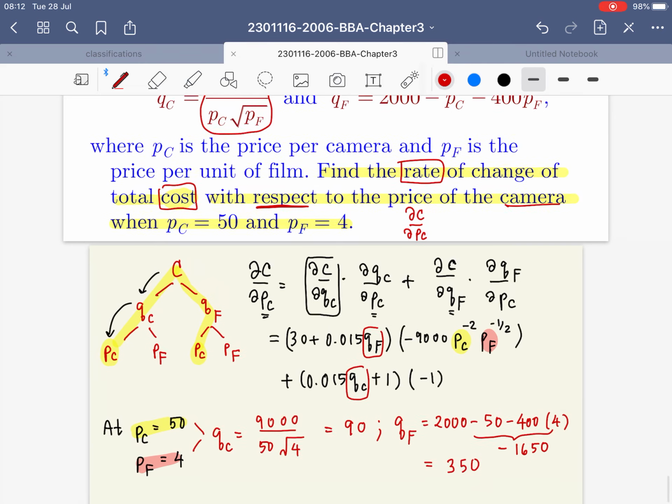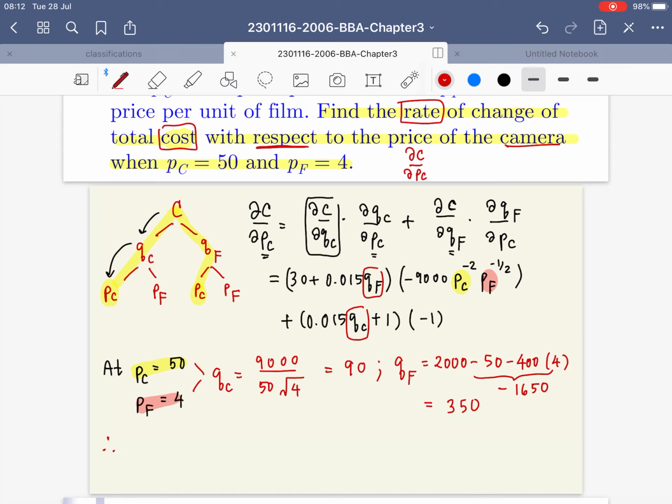Okay, so as you know everything, you can determine that when your P_C is 50 and your P_F is 4, it is simply 30 and 0.015 multiplied by your quantity of the film, which is 350, and then multiply by minus 900 over your price of the camera squared and over your square root of the price of the film.